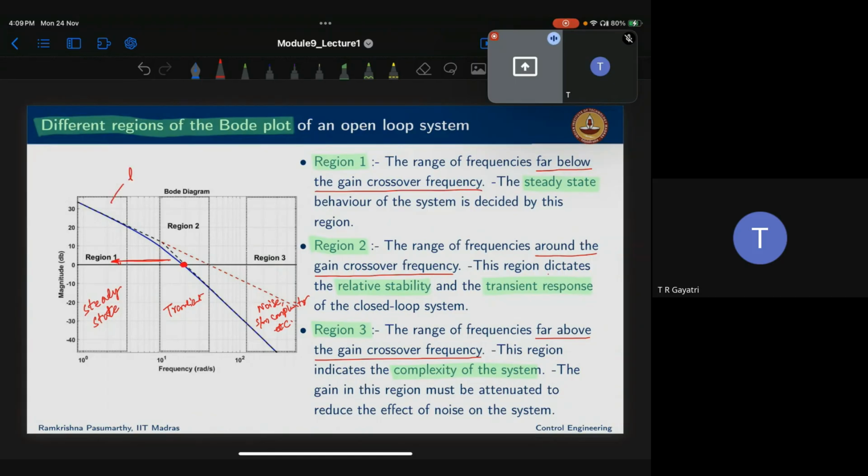This belongs to low frequencies, which means higher time periods. That is region 1.